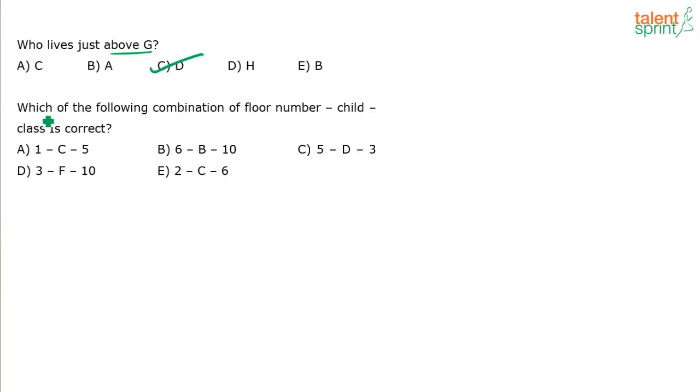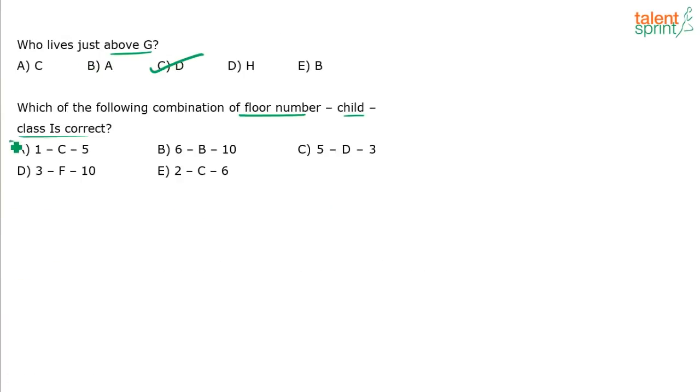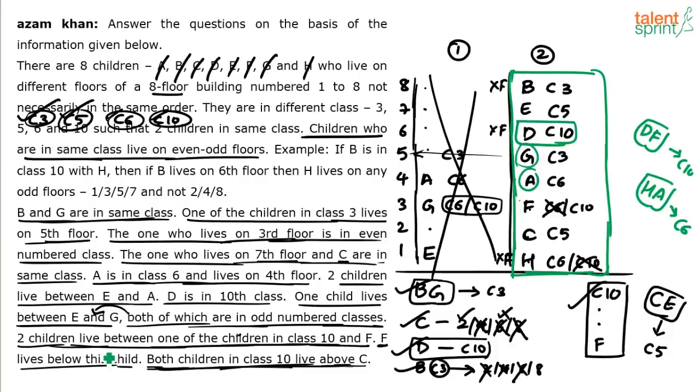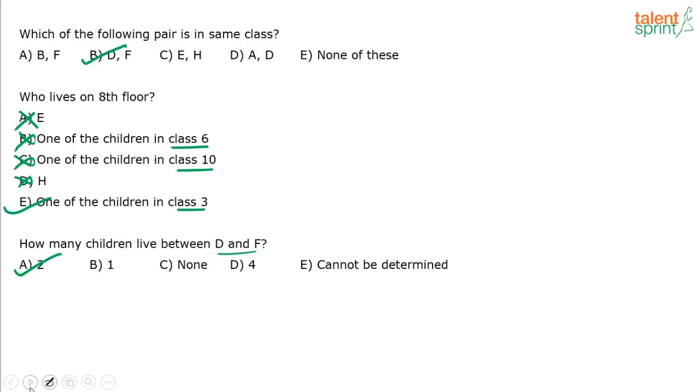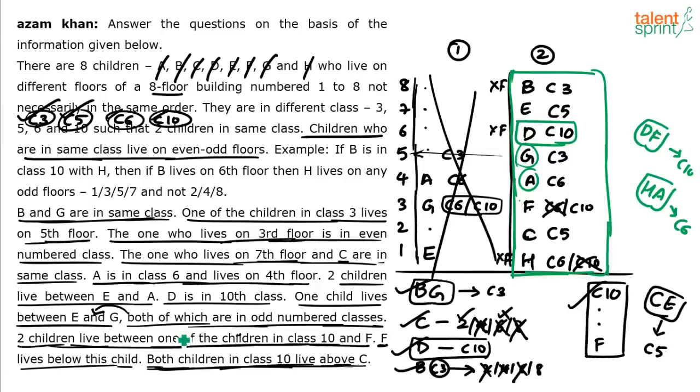Which of the following combination of floor number, child and class is correct? So 1C5, no, it's not 1C5 because first floor we have H. So 1C5 is wrong. 6B10 is wrong, 5B3 is also wrong. 3F10, 2C6, yes, 3F10 is correct.